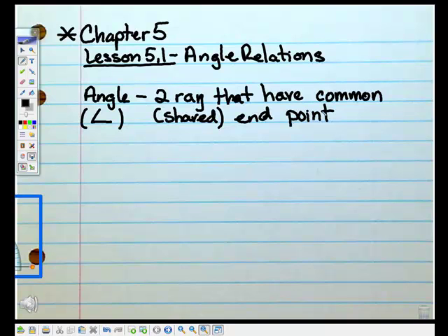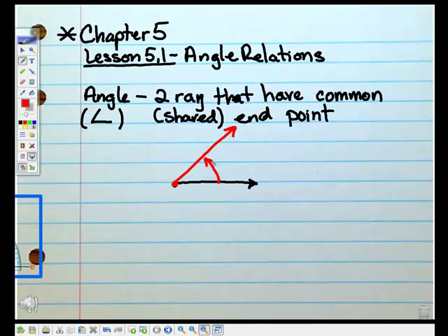Now a ray is half of a line, and that means that a ray will go on forever in one direction. This would be the endpoint of that ray. Another ray would have the same endpoint here and go on forever in another direction, or it could go on in the same direction. It would just be an angle that would have a measure of 0. And the measure of the angle is how big it opens up right in there.